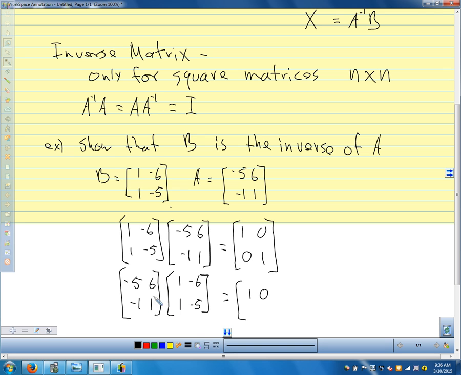Second row, first column, -1 plus 1, 0. Second row, second column, 6 minus 5, 1. That shows that these two matrices are inverses of each other. If either one of them doesn't end up with the identity matrix, then they would not be inverses of each other. So that's how we figure out if one matrix is the inverse of the other.